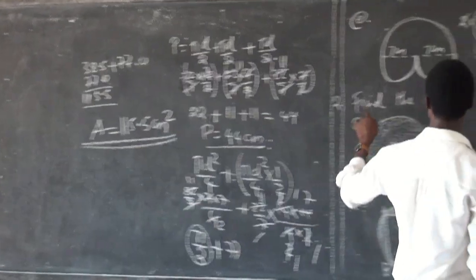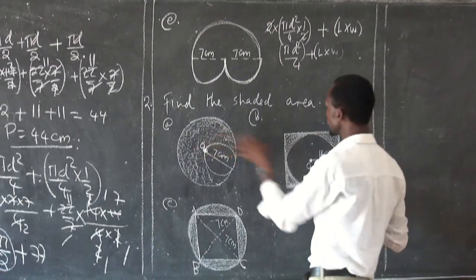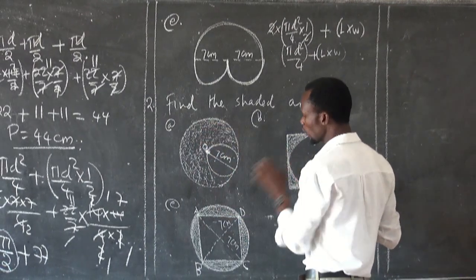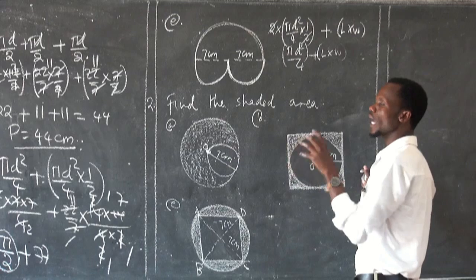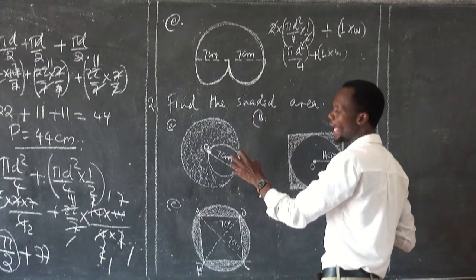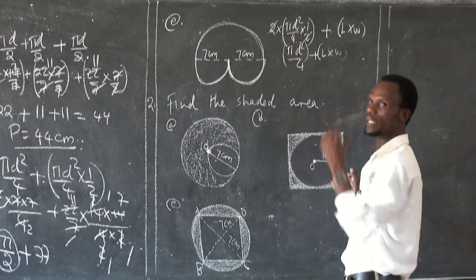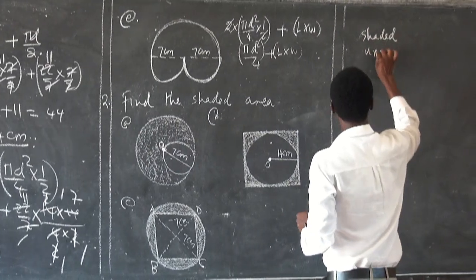The second question: find the shaded area. As you can see, I've written three shapes. If you want to determine the shaded area, you have to find the area of the whole shape, then you remove the one which is unshaded. We have shaded and unshaded.